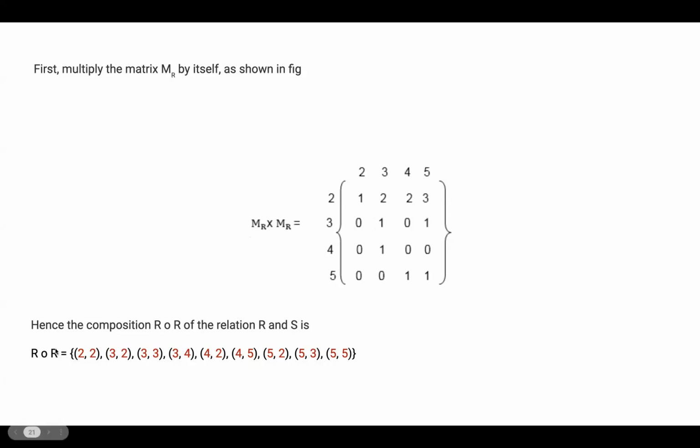Then here what we can take is R composite R: 2 comma 2, then 3 comma 2, 3 comma 3, here 3 comma 3 we can consider, and we can consider 2 comma 3, not 3 comma 2.